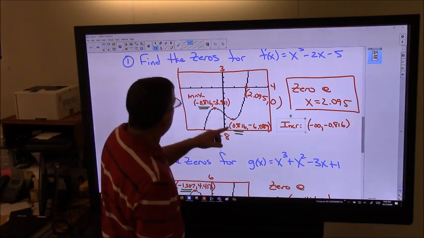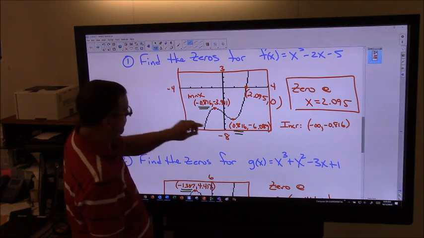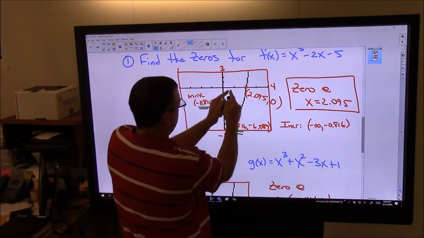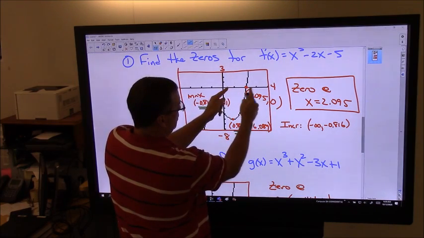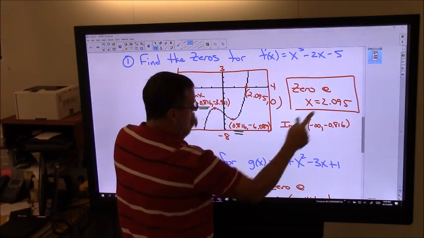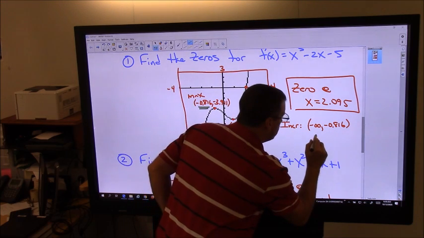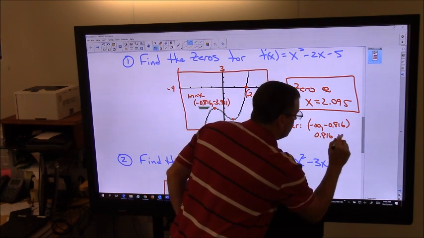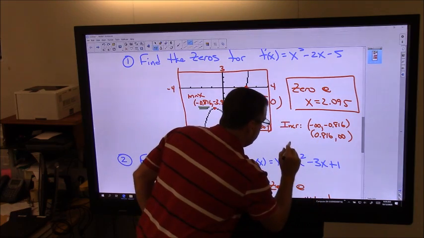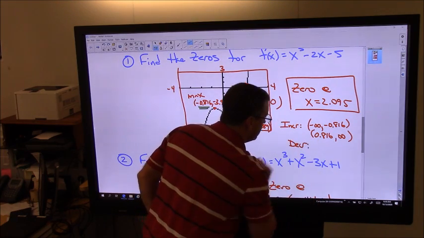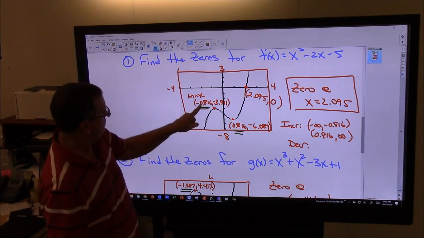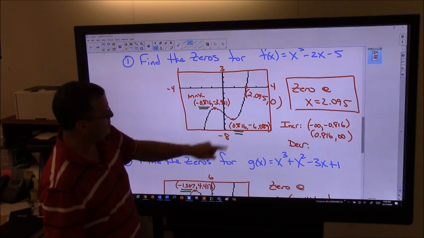And it's also increasing from this x value on to infinity. So think on the x-axis from here all the way out to infinity, it's also increasing. So positive 0.816 to infinity. And where is it decreasing? In between those two intervals, from negative 0.816 to a positive 0.816.